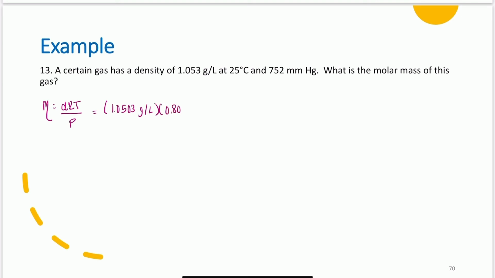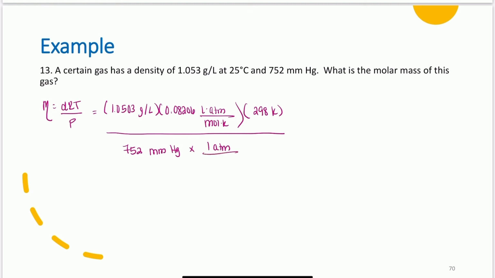Gas constant, 0.08206 liter atmosphere per mole K. And temperature, 25 degrees C is 298 K. Pressure, you can either convert separately or you can convert it in the problem. 752 millimeters of mercury.